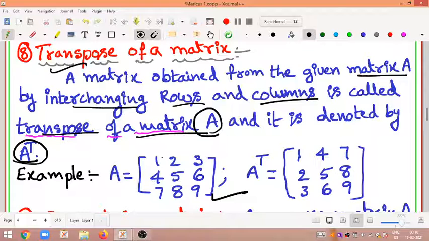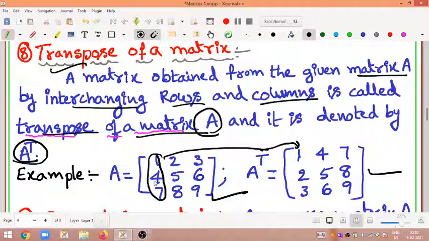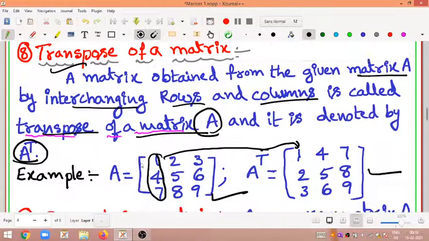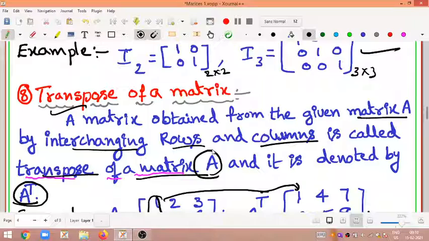The first column becomes the first row, 1, 4, 7, the second column becomes the second row, 2, 5, 8, and the third column becomes the third row, 3, 6, 9. Columns change into rows, and rows change into columns; this is called the transpose of a matrix.